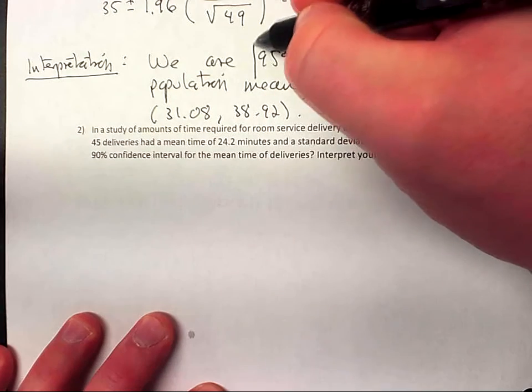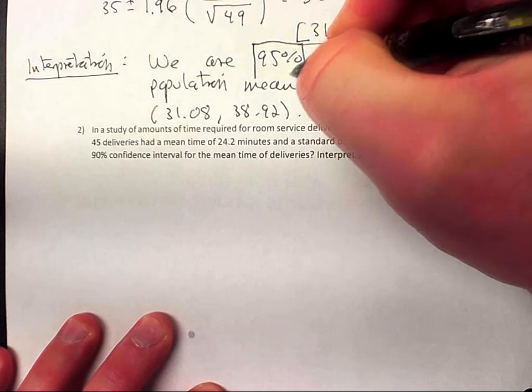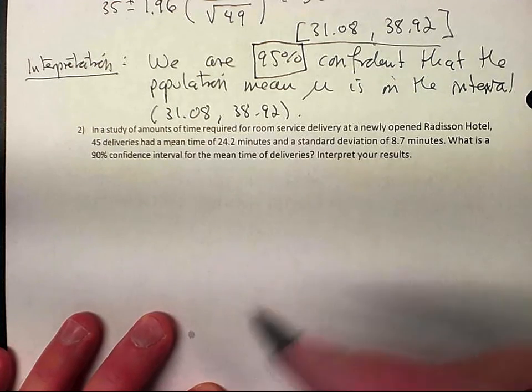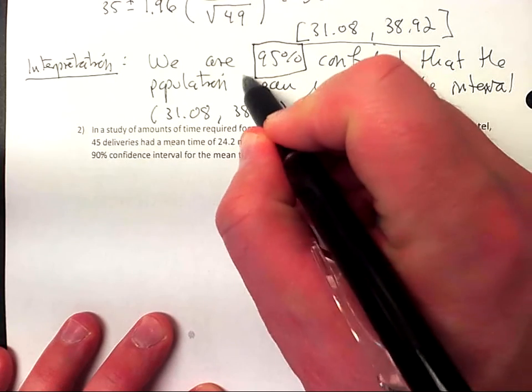The only thing you're ever going to change out is your confidence level, because here we were 95% confident, but we could have easily had a problem where we were only 90% or 80% confident.